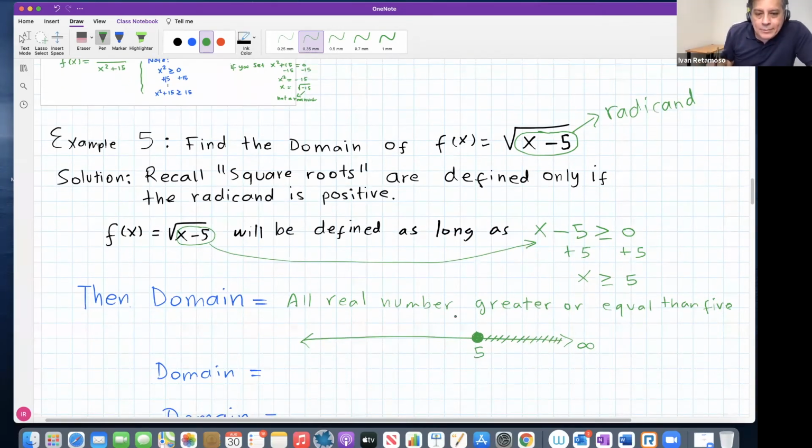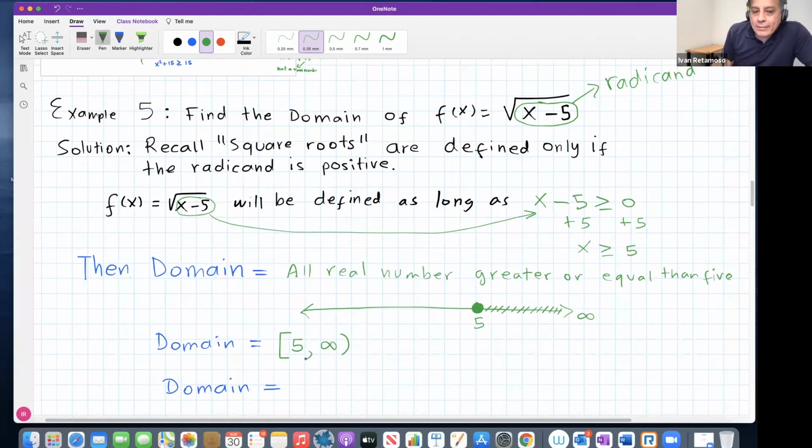So what should this be in interval notation? Well, starting at 5, including 5, I'm going to use a bracket. Up to infinity, parentheses. You never reach infinity, right?